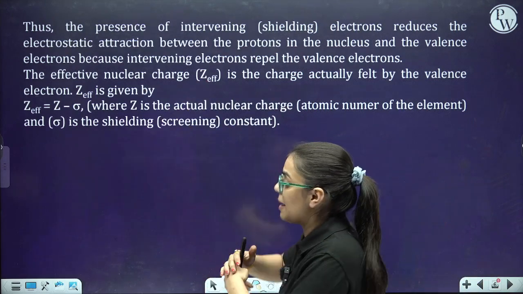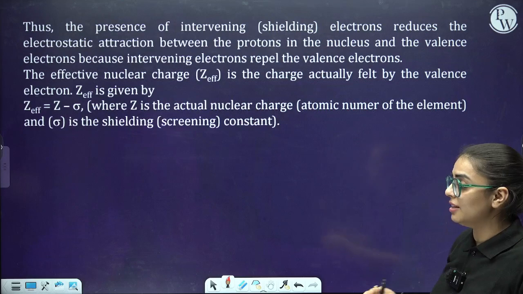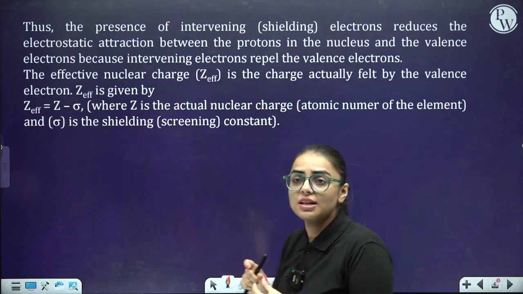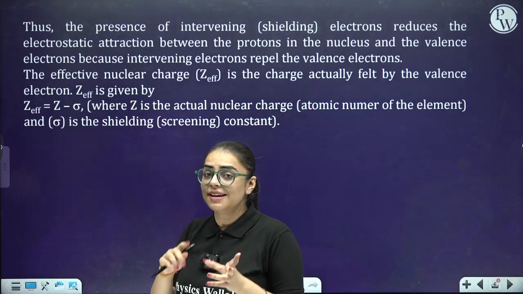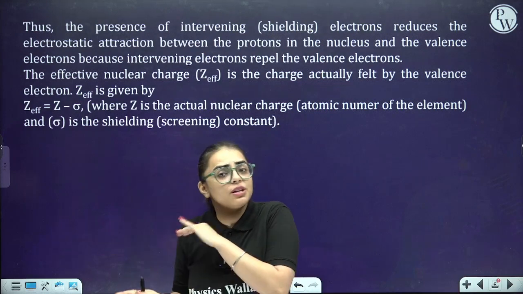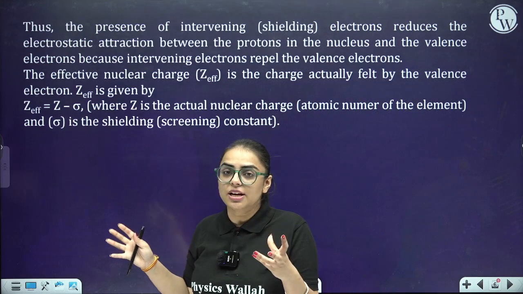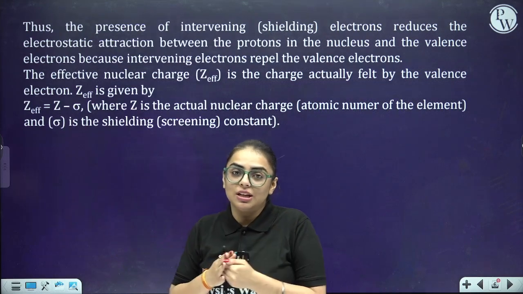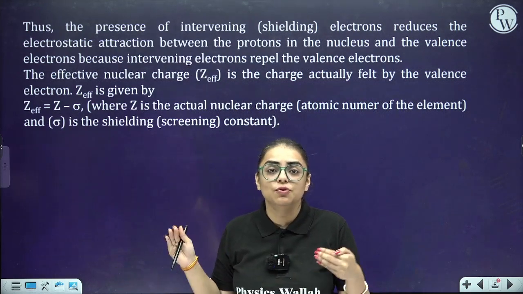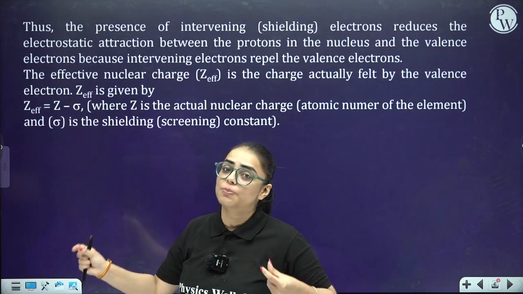So basically, the electrostatic force of attraction which was being exhibited when there were no such electrons inside will now decrease. That strong electrostatic force of attraction will decrease because electron-electron repulsion will start.